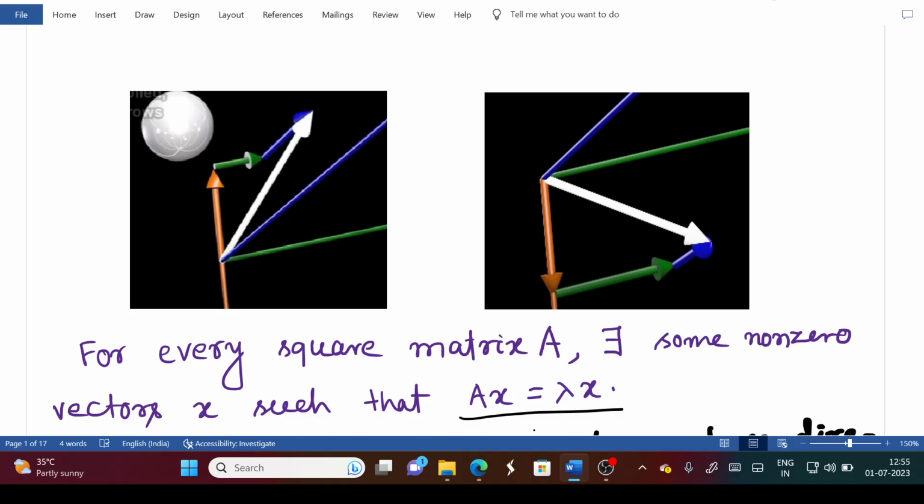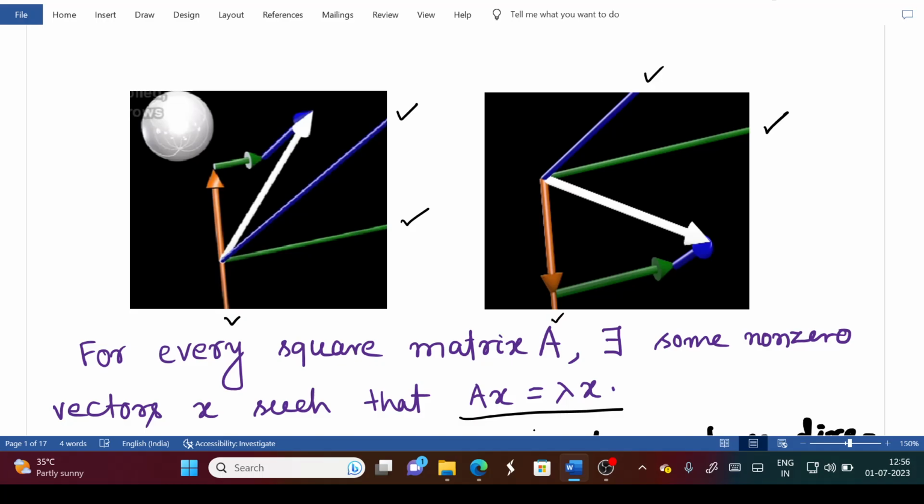Let us consider a linear transformation which is given in this image. Suppose before transformation this is the green vector, blue vector and orange vector. Observe before transformation and after transformation, the direction of the green vector, blue vector and this orange vector remains the same before and after, whereas the white vector gets changed.